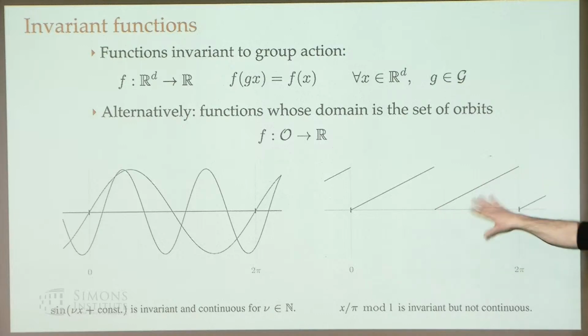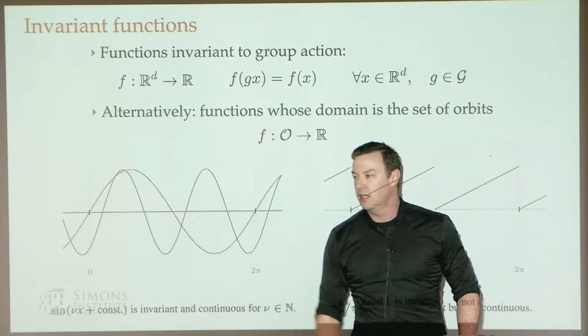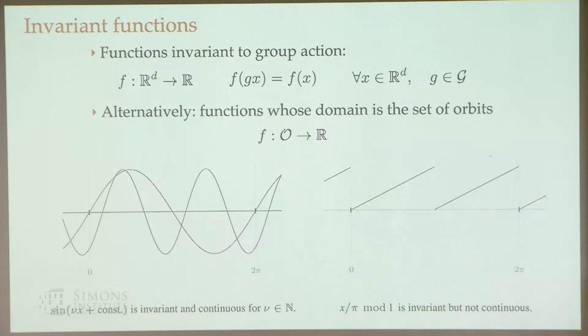There's two of them, periodic and mirror, and then translate. So this function is periodic, so it's invariant, but it is obviously discontinuous. Whereas good old sines and cosines are both continuous and invariant. Okay, so we want to generalize things on the left versus things on the right.